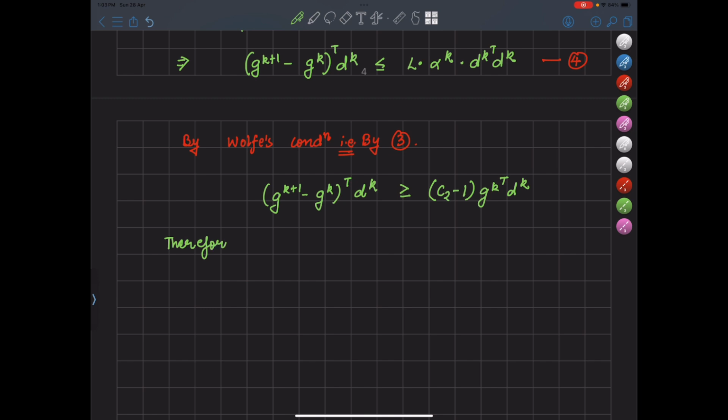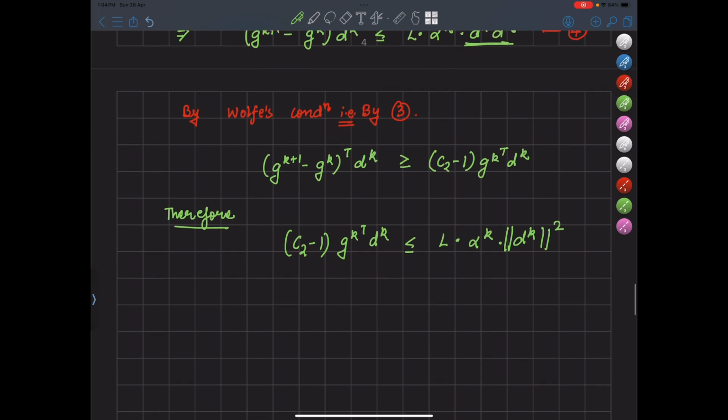Therefore we can write that (C2 minus 1) g_k transpose d_k is less than or equal to L times some finite positive number times alpha_k times the norm of d_k squared. Alright, this we can write.